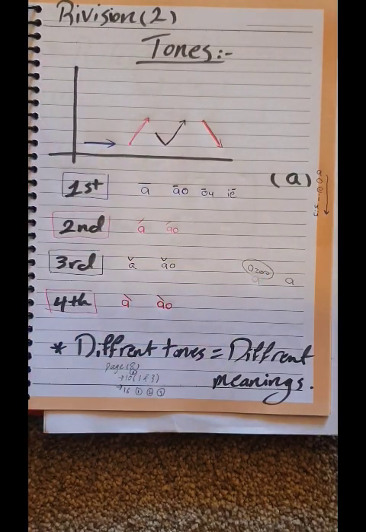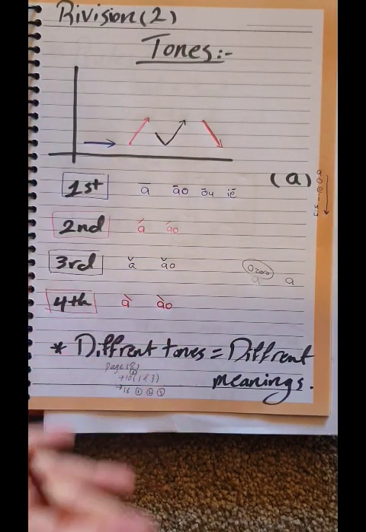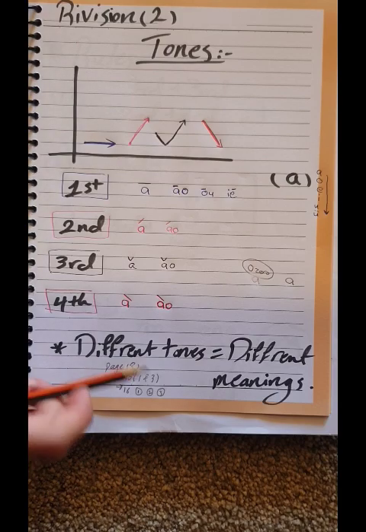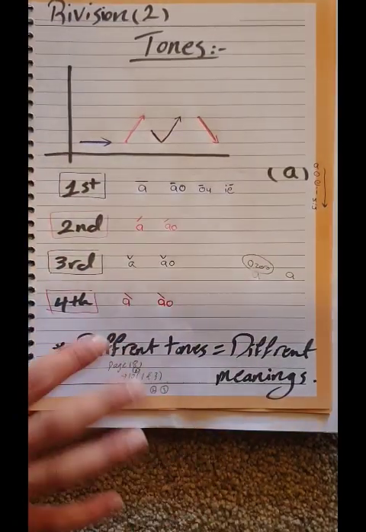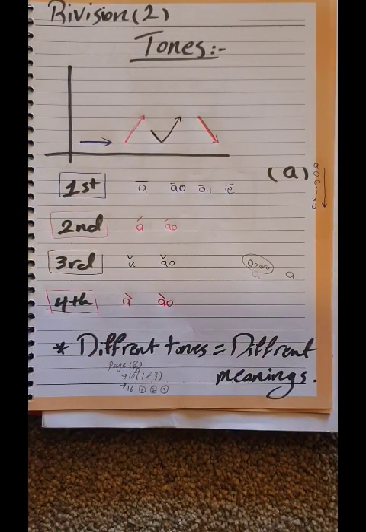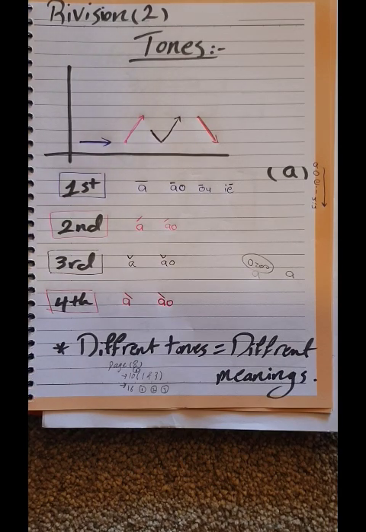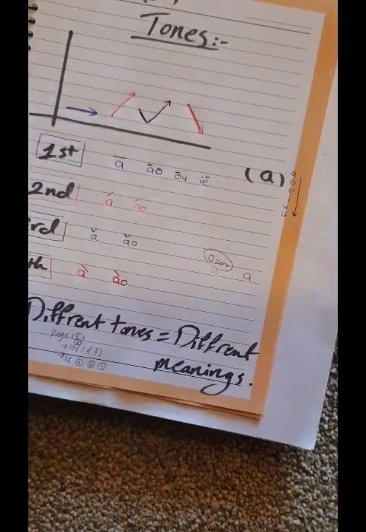And then the zero tone, you just pronounce it without anything. So different tones means different meanings, guys. And remember this. Let's take some practice about it, and some words and examples.